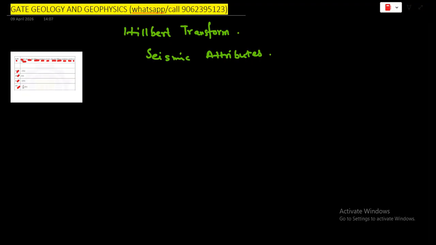So let's look at this in the frequency domain, because that's where the magic happens. The transfer function of a Hilbert transform is H(f) equal to minus j sgn(f), where this term is the sign function.